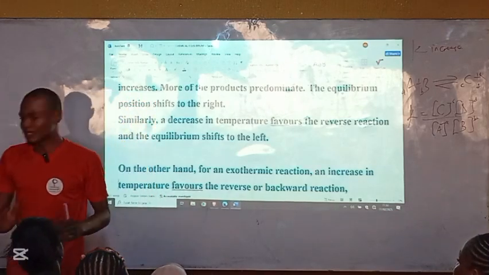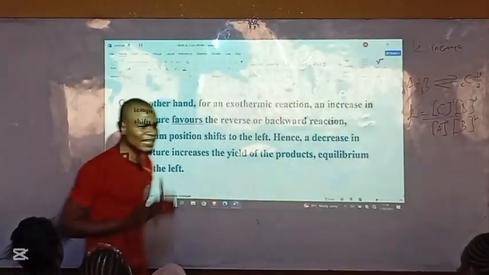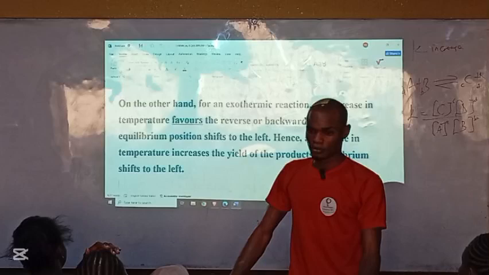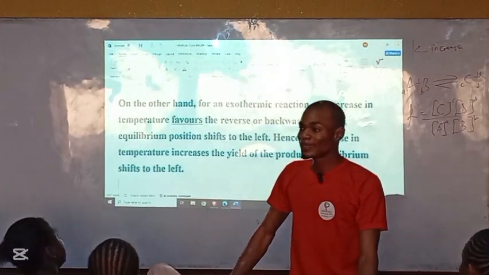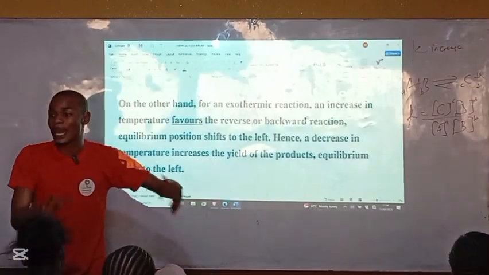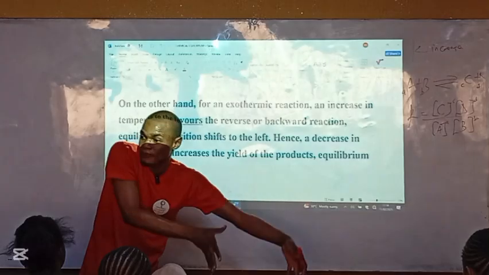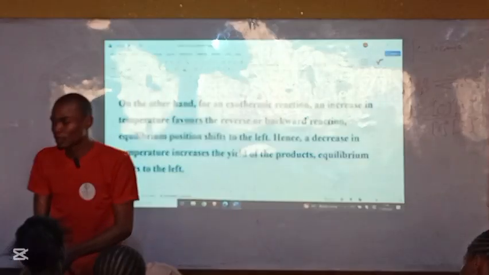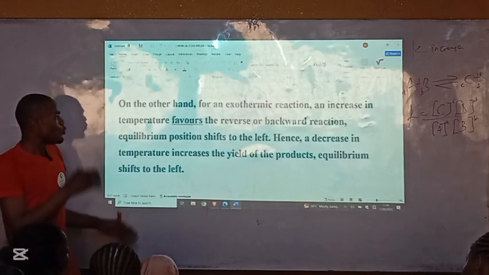What about the exothermic reaction? Hope you have digested it very well. Any question? Now, we are working on how temperature affects equilibrium. We do it for both endothermic and exothermic.